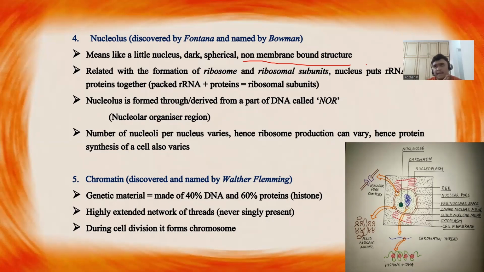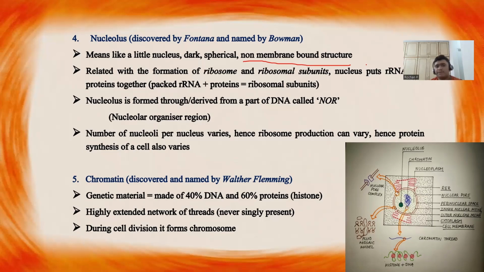What kind of RNA? We have many kinds of RNA. rRNA, ribosomal RNA, plus proteins put together is called a ribosomal subunit. Even its function is protein synthesis itself. So not directly, indirectly, the nucleolus is related to the protein synthesis of a cell. That is its main function.